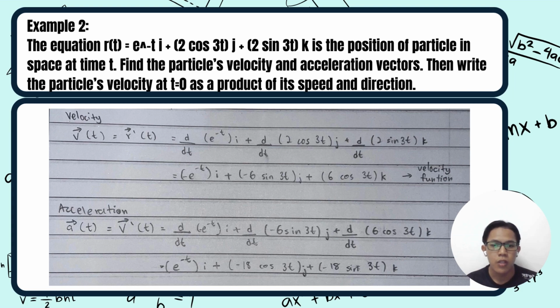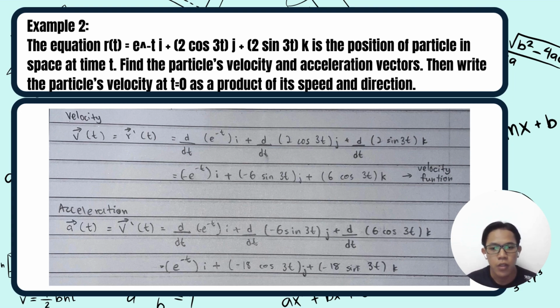After we resolve the equation, d over dt of e to the power of negative t is negative e to the power of negative t i, for the 2 cos 3t j it is negative 6 sin 3t j, and for the 2 sin 3t we get 6 cos 3t k.